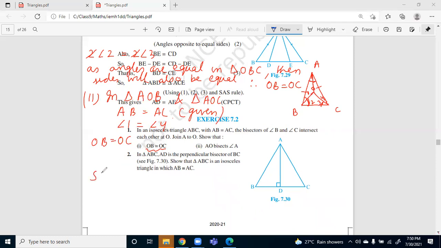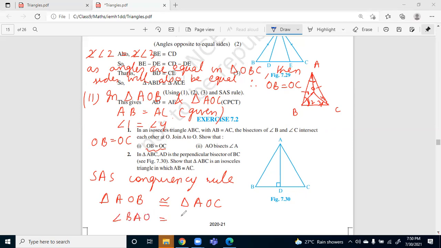So by SAS congruency rule, triangle AOB is congruent to triangle AOC. And angle BAO is equal to angle CAO by CPCT. So AO bisects angle A.